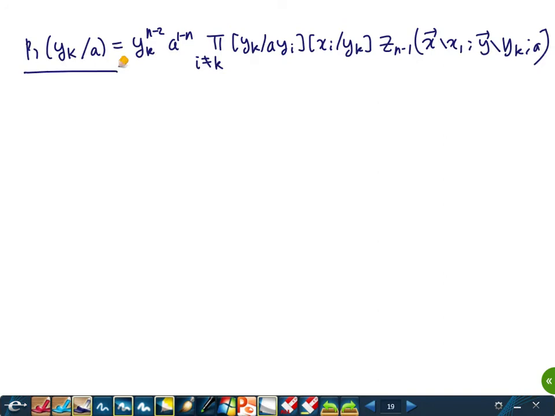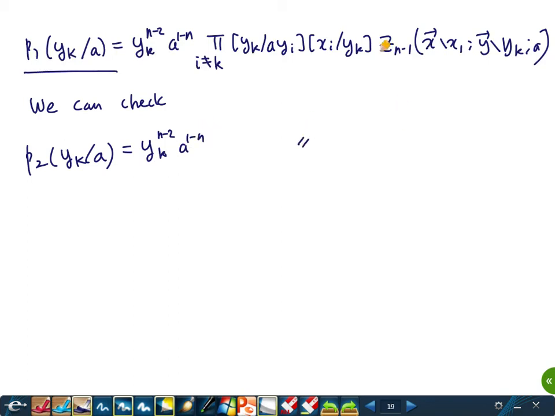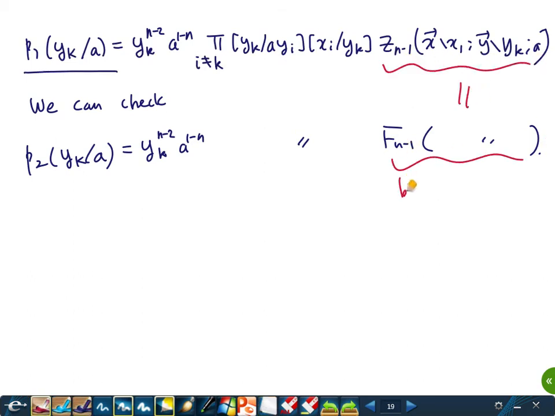But by a similar argument, we can also check that P2. If you plug in P2 there, from the formula, you can show this. You have the exact same thing, except this. Now what? This is equal to this by the induction hypothesis.